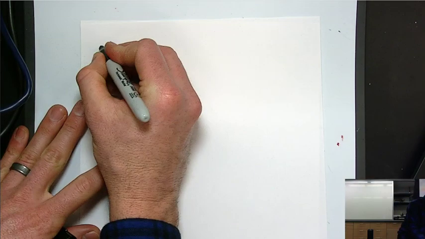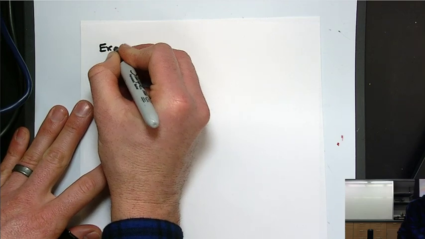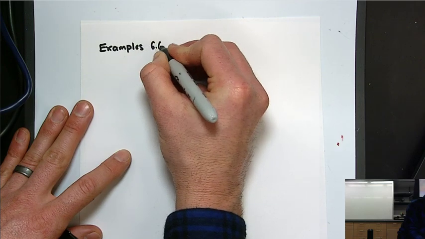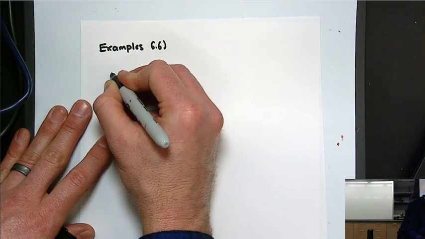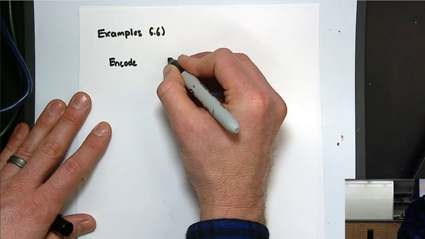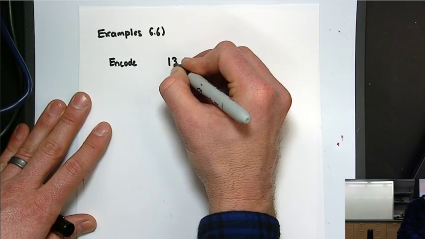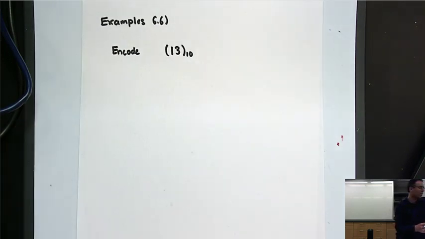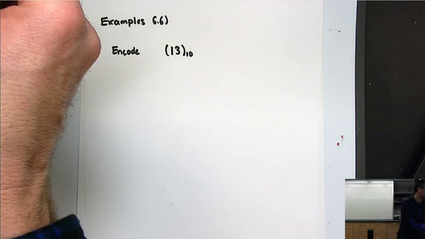So let me have you write, so these are some examples for you. We'll call it 6.6. So in code, the number 13, and then why don't we do some other ones as well?